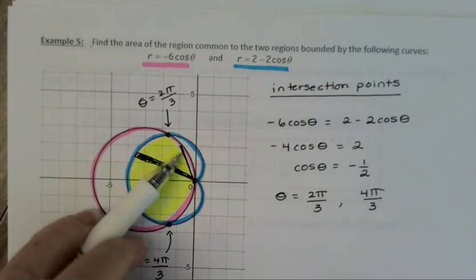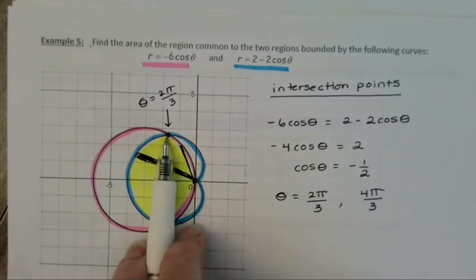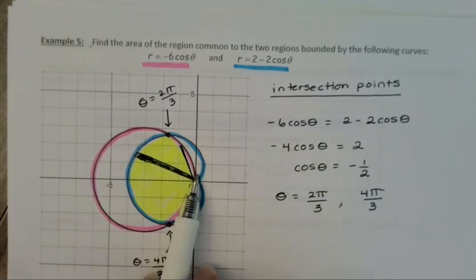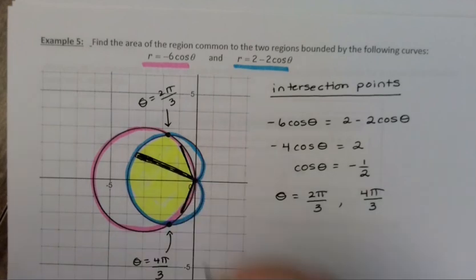For a while, we're going to do the area inside the circle, and then at the intersection point, we'll switch to the area inside the cardioid. And then notice down here at this intersection point, we'd actually have to switch again, because down here at the end, we're back to having the boundary of our sector be on this circle.